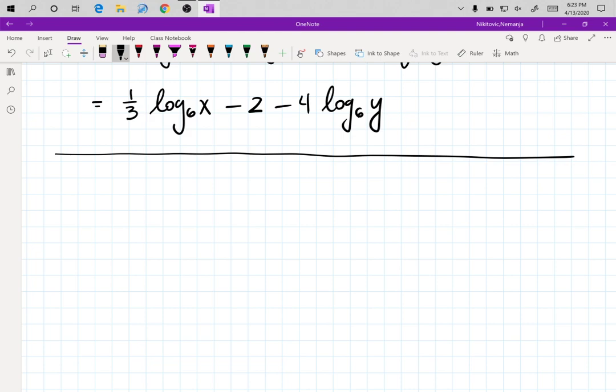Let's take a look at more of these now, obviously from homework. So problem 28 says log with the base b of x cubed y divided by z squared.